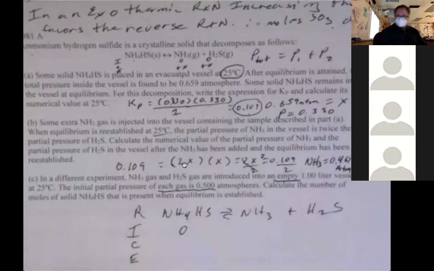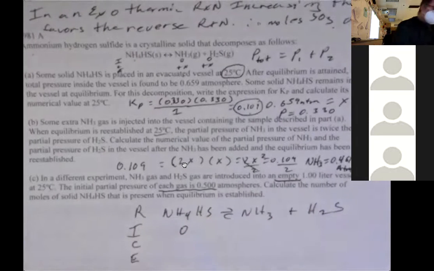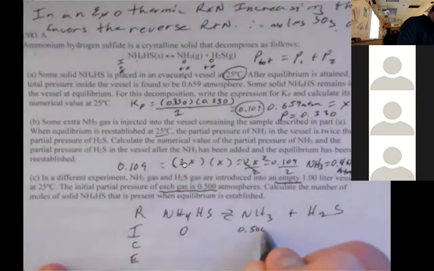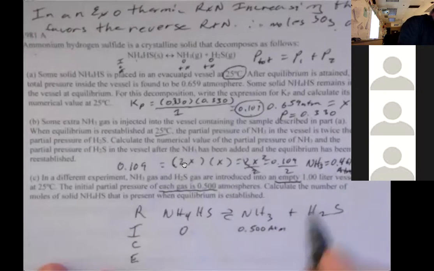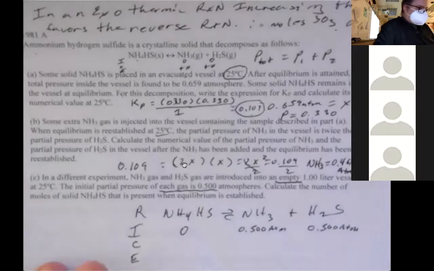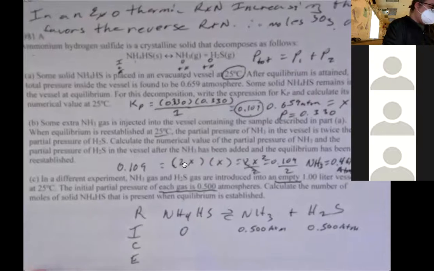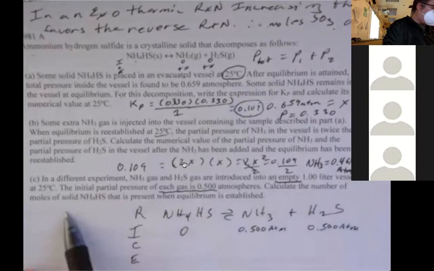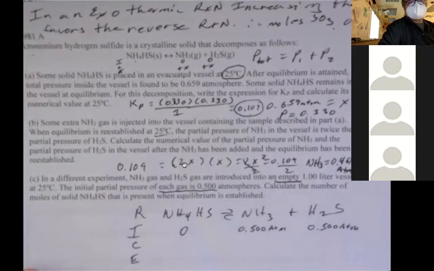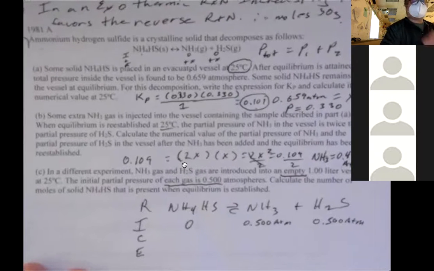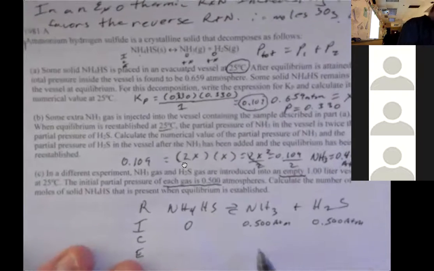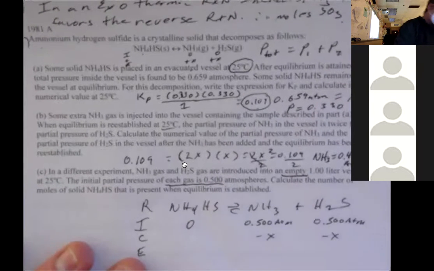We have 0 of that. And it says that we have 0.5 atmospheres of each of the gases. So the initial pressure of each gas is this. Calculate the number of moles of solid. If there is no solid present, we know that this is a reversible reaction. Some solid will deposit on there. We got to find out how much that is.